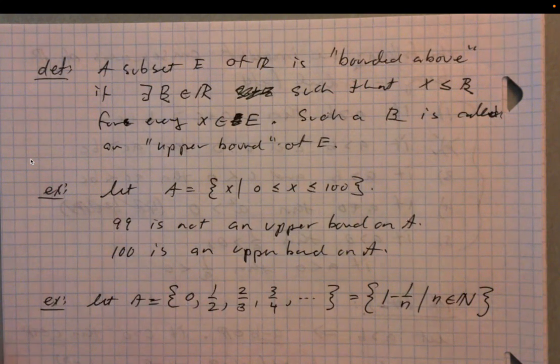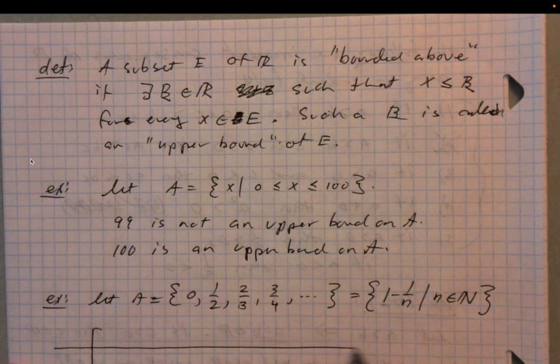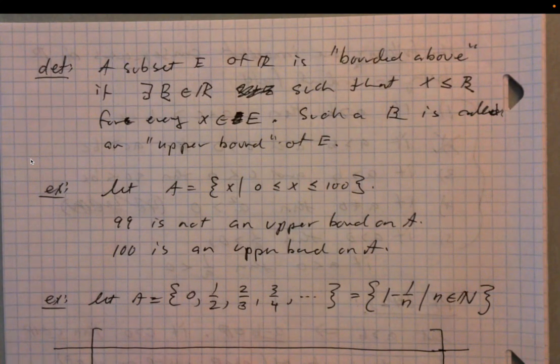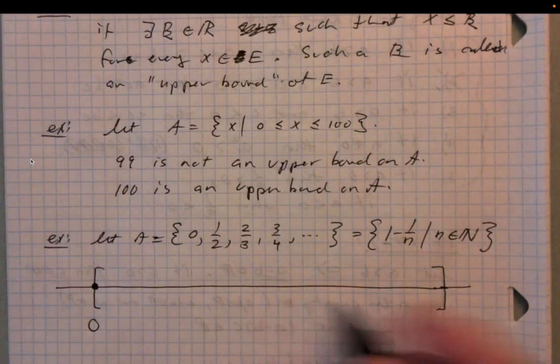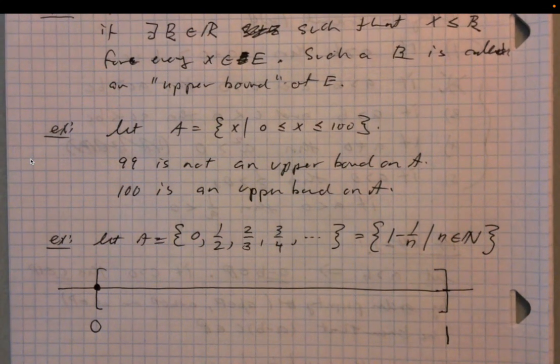And so what does this set kind of look like? Let's just think about it on the number line. Sometimes it's helpful to write these out. On the one end, you've got 0, which is the first element of the set. And we'll say that this is 1 here. Then 1/2 is the next element in the set.